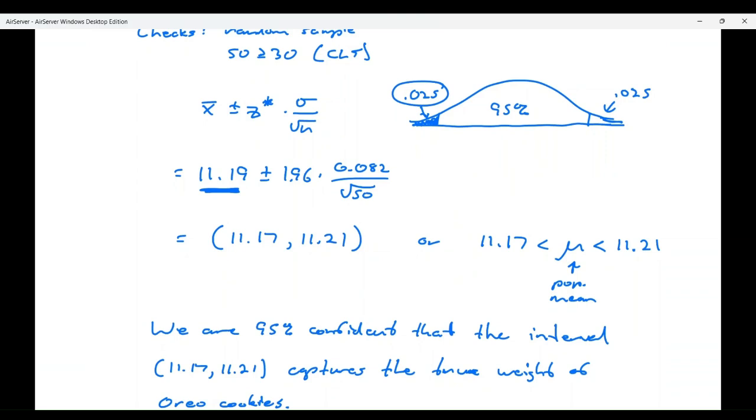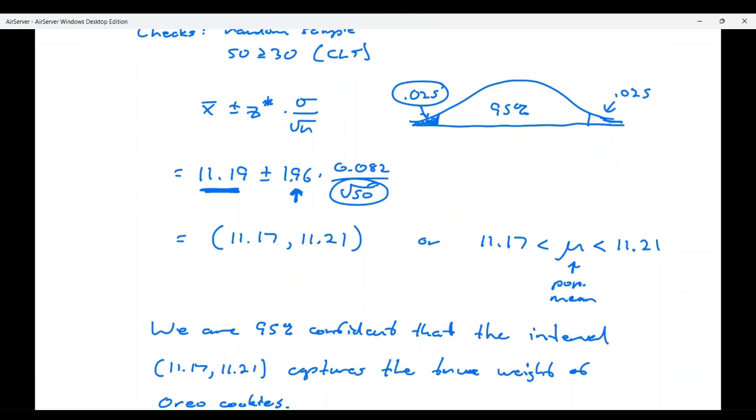So obviously our confidence level is what determines the z score, or the z star, that we use here. But the sample size is also driving the margin of error, because as my sample size gets larger, I'm going to be dividing by a larger number. Dividing by a larger number makes this fraction smaller, which makes the overall margin of error smaller.